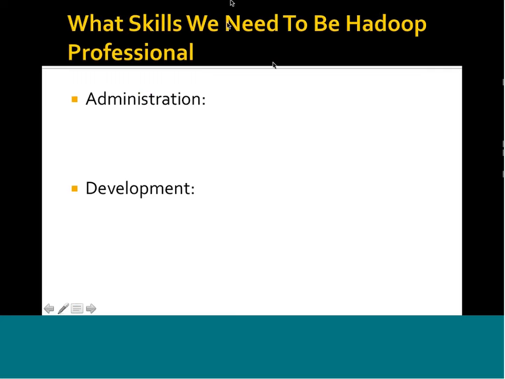Now just a brief. I know most of you already meet the background which is needed. For administration, what is the prerequisite? Very simple. You need to be aware of Linux user commands, right? For example, as an administrator, you will like to know what all ports are occupied.